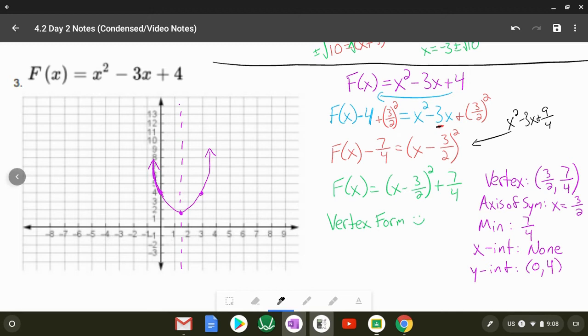Okay, and then you follow through the rest of the steps, graph them just like we did on the last one, and there you go. Notice it does not have an x-intercept because we start our vertex above the x-axis and it opens upward.